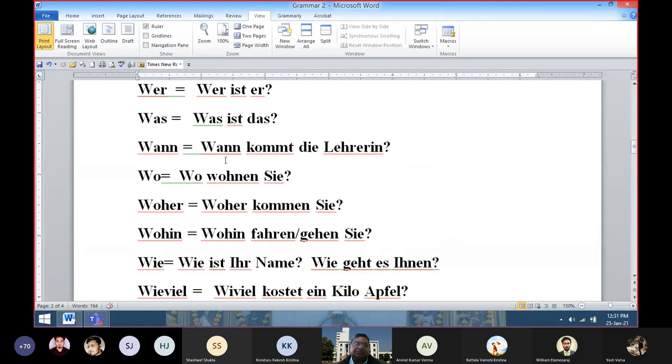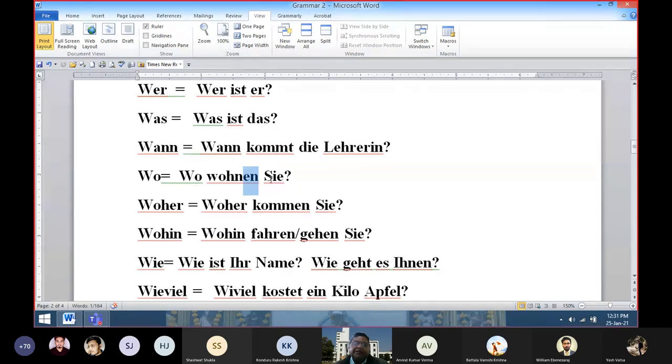And suppose you are asking some very close friend, so you can use du. So it will be "wo wohnst": WOHN, you remove the EN and add ST. So it becomes "wo wohnst", and here you write du. "Wo wohnst du?" Meaning will be the same: where do you live?